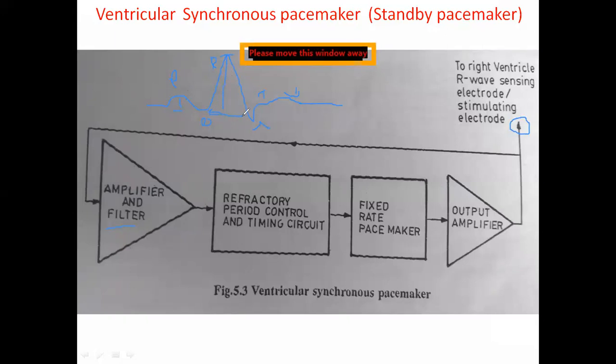If this generation period is very high, it means it took a longer time for production of this, and that leads to some problem in the heart contractions. This is the standard time period for production of the QRS waveform.